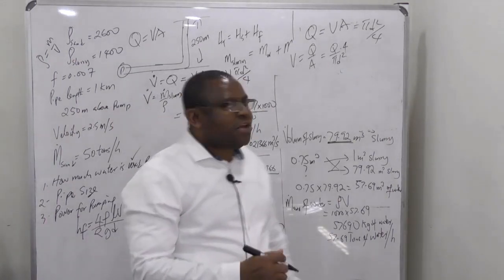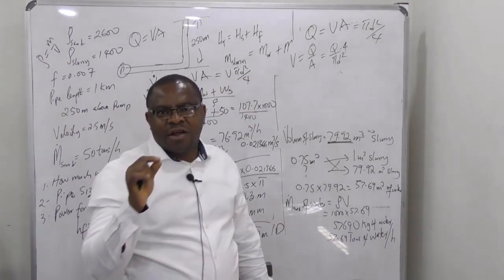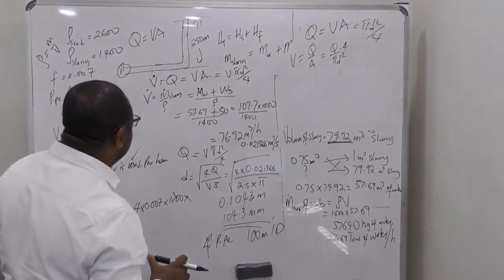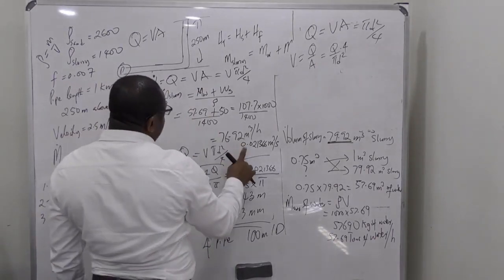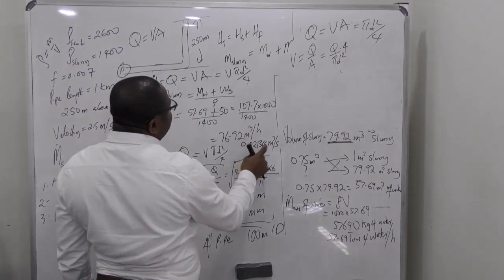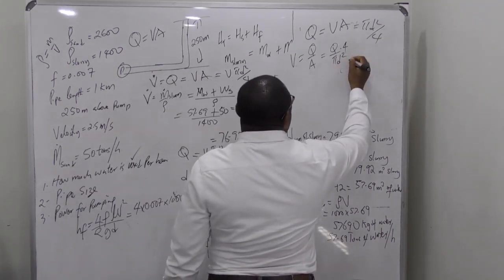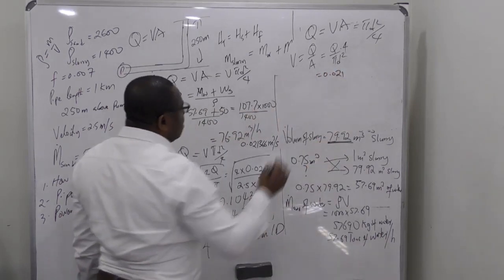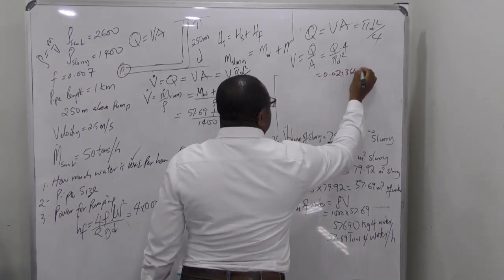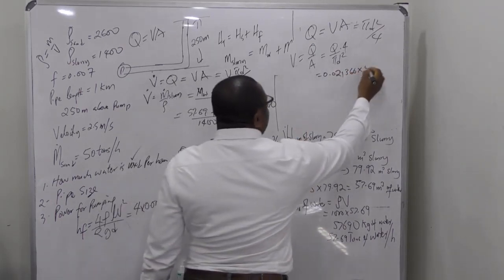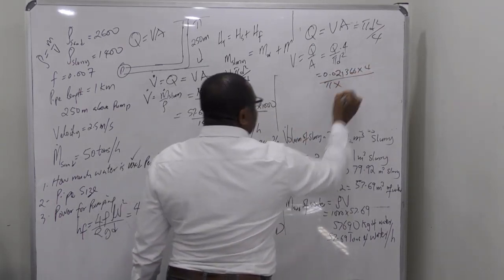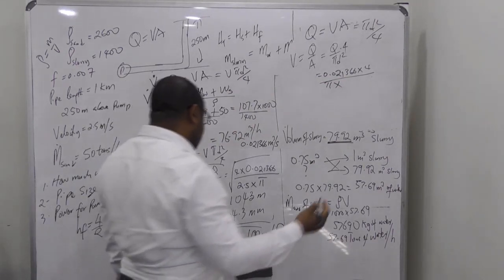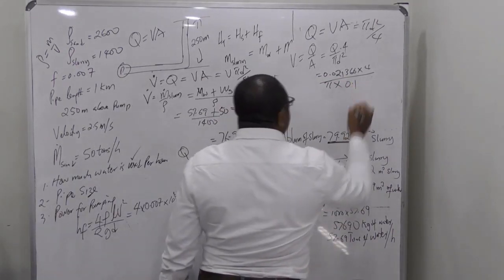So what do we get as our Q? We have our Q at 0.021366. So I can write this as 0.021366 times 4 divided by pi. The diameter I'm using now is 100 millimeter, which is 0.1.